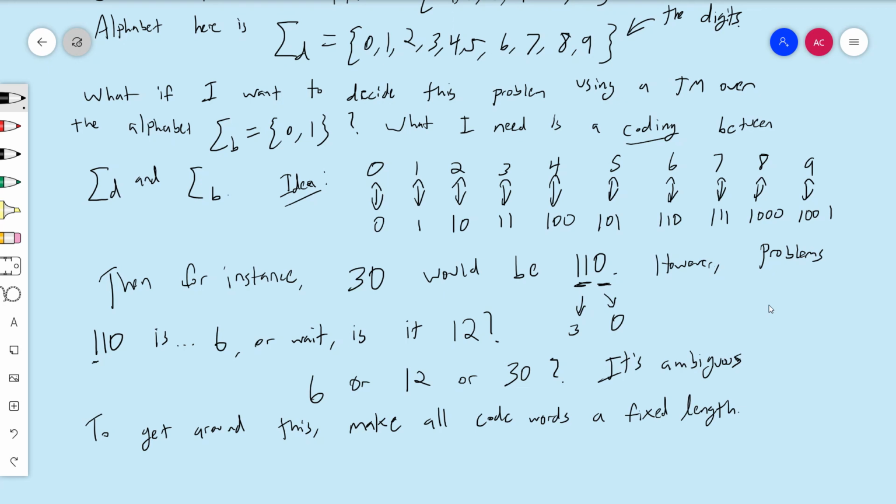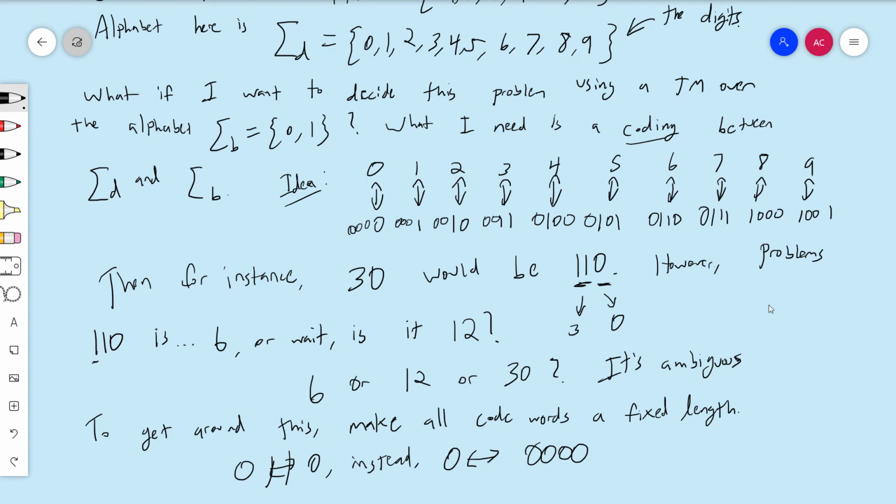So in other words, instead of 0 being associated with 0, don't do that. Instead, have 0 be associated with 0, 0, 0, 0. The maximum number of digits we need is 4. So I put a 0 here, a 0 here, a 0 here, a 0 here, and 2 zeros here. I just pad leading zeros.